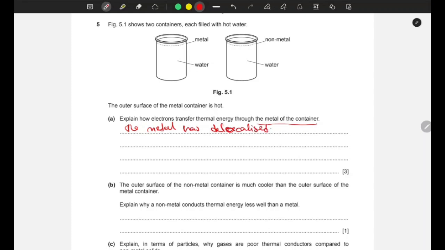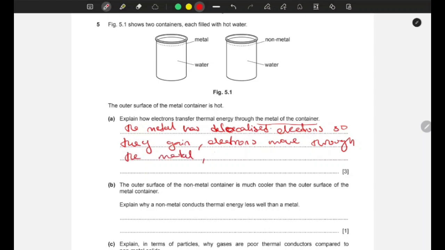What we mean by that is it has free moving electrons. So they gain energy, and after they gain energy, since they're free to move everywhere, the electrons move through the metal. Then they will collide with the other particles.